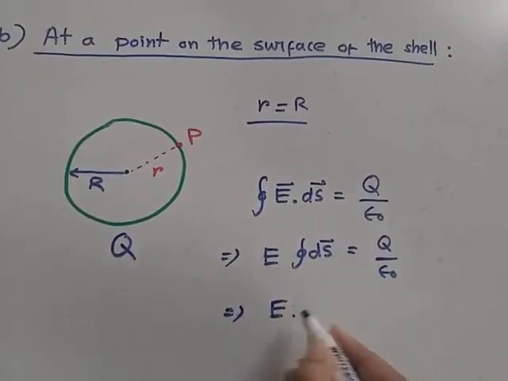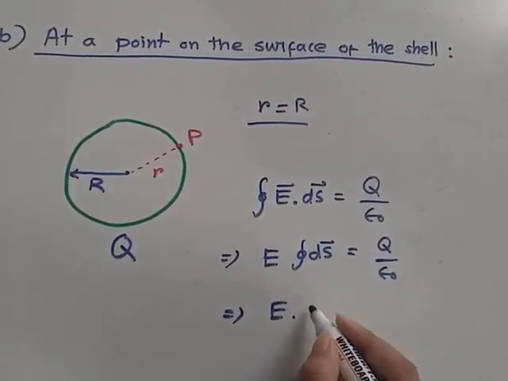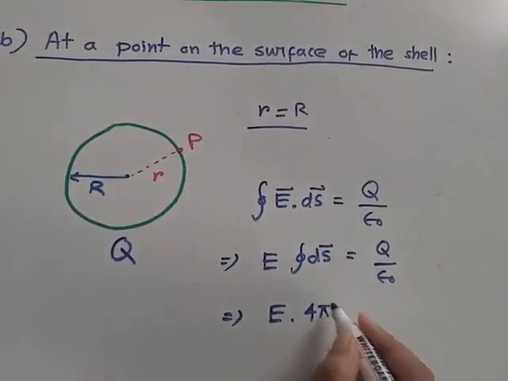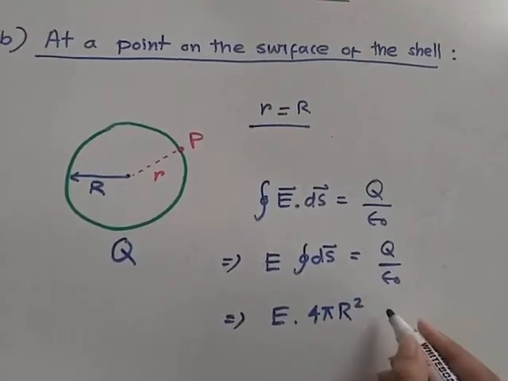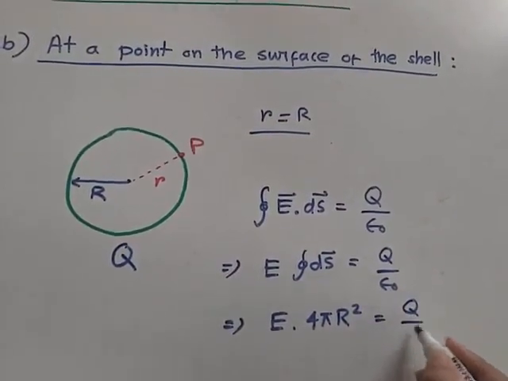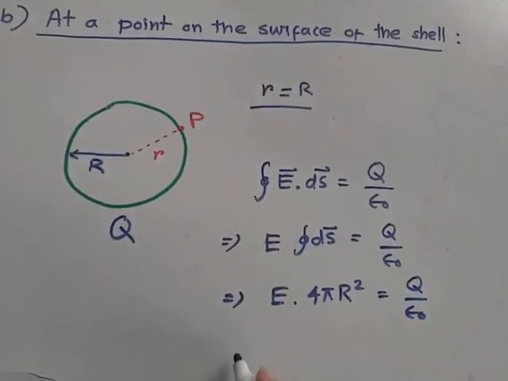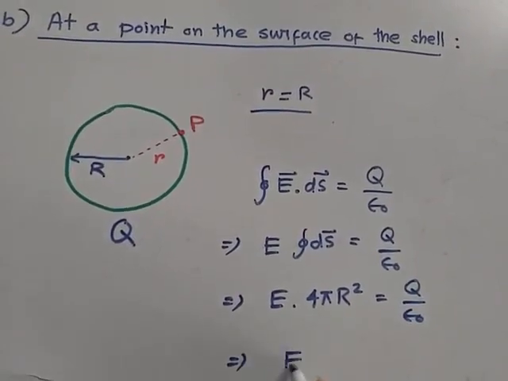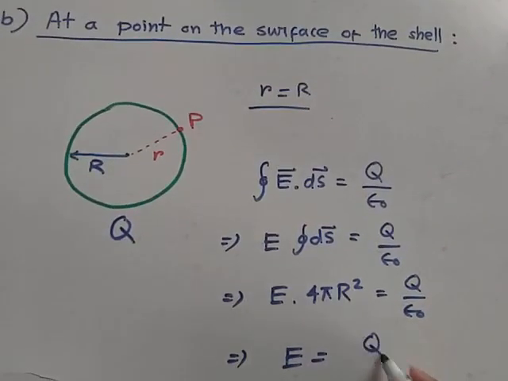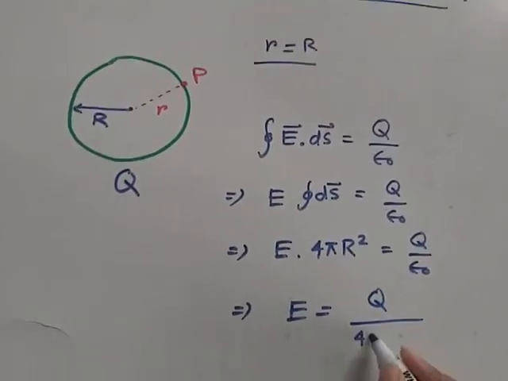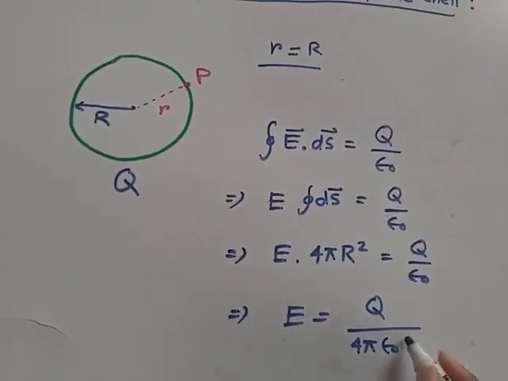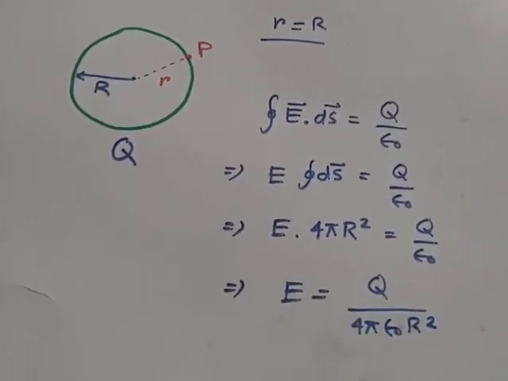So if we put the value of the total cross section area of the shell as 4 pi capital R square, it is equal to Q by epsilon naught. So we can find the value of E as Q divided by 4 pi epsilon naught capital R square.